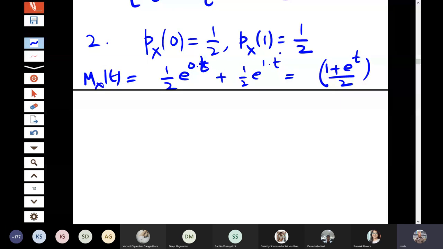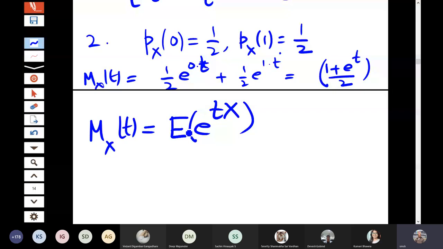Now, what is the use of this function? Why do we unnecessarily study another function when we have already considered moments, quantiles, median, and so on? What is the need of this function? First of all, let us look at this expression. This is the expectation of e to the power tx. If we consider the expansion of e to the power tx, all of you are very familiar with this.